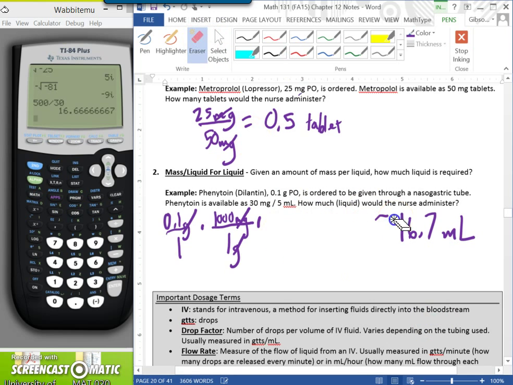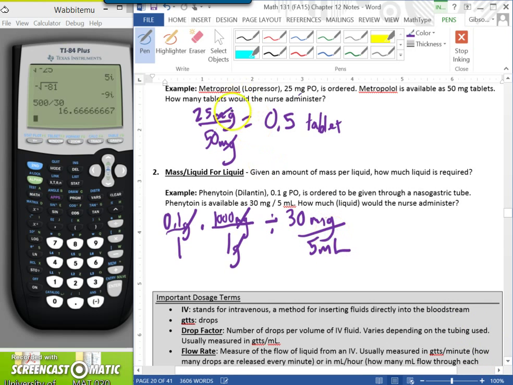And we know we use this first portion here in order to get the milligrams. So we would divide that by the 30 milligrams over 5 milliliters, just like we divided these milligrams up here, right? So we know we will multiply this first, and this will give us 100 milligrams all over 1.